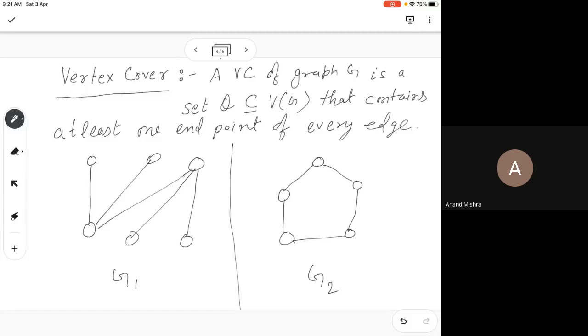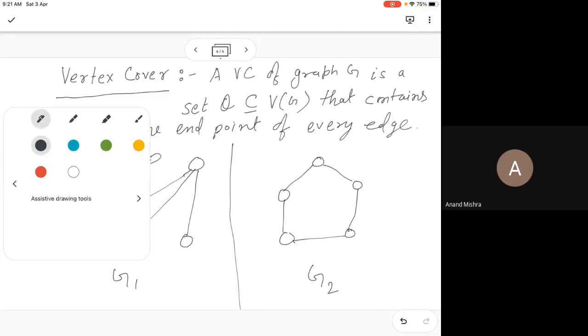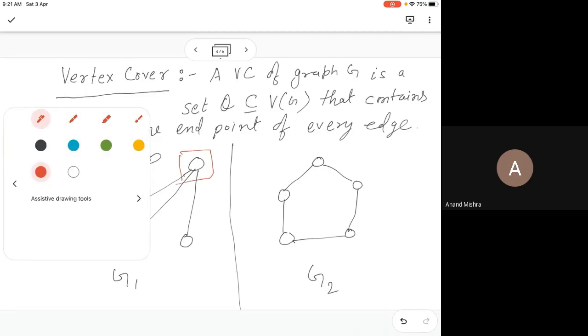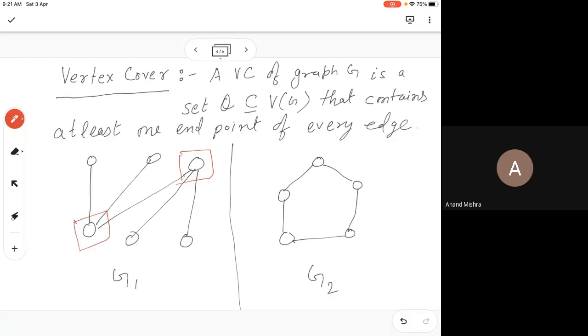So in this case, I can draw it. Maybe let me use red color. If I choose this vertex and this vertex, these two vertices actually cover all the edges, right? You can see that. This one covers this edge, this edge, this edge, and then this one covers this edge and this edge. All the edges are covered by these two vertices.